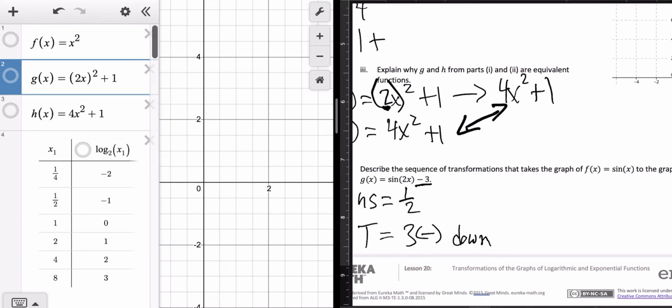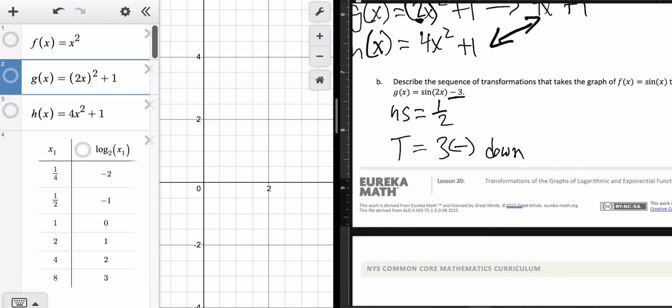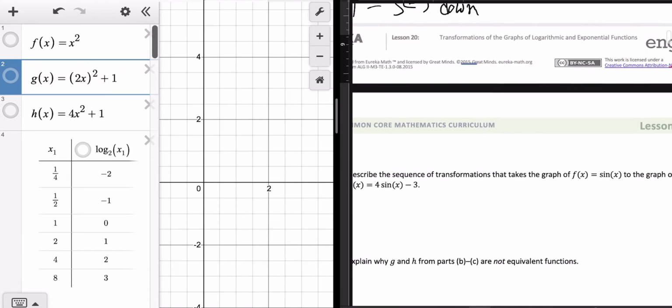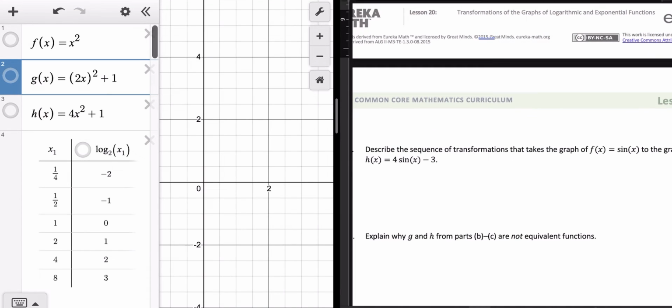All right. Now let's see if I can find C here. C says, describe the sequence of the translation of f of x equals sine of x to h of x equals 4 sine x minus 3.